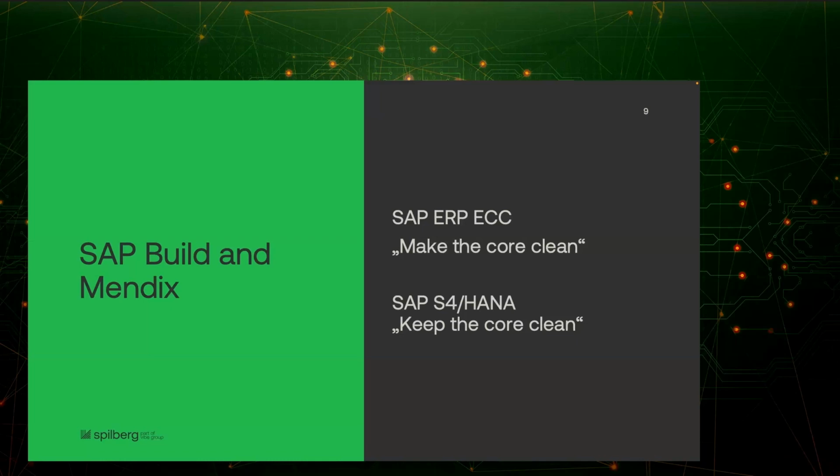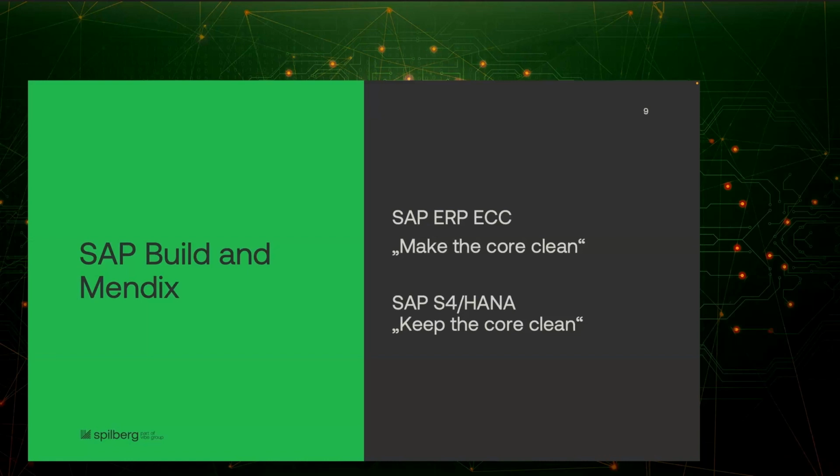But what makes you unique as a company is actually your unique processes, right? The way that you do things differently than everyone else does. And what happened then is you took this ERP system and tweaked it, changed it, customized it, and you actually changed a running system or standard software, and that was back then the way to go. But now with switching to the cloud, there are different challenges.